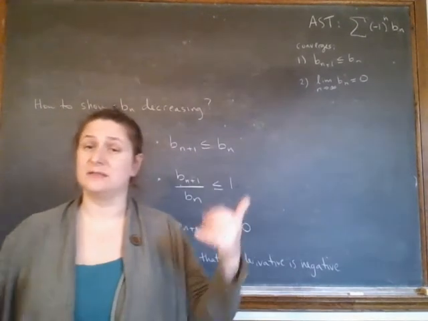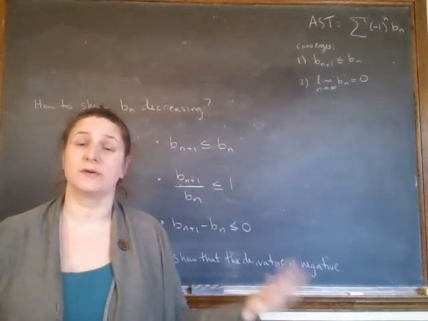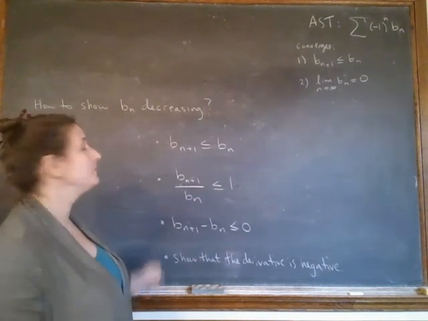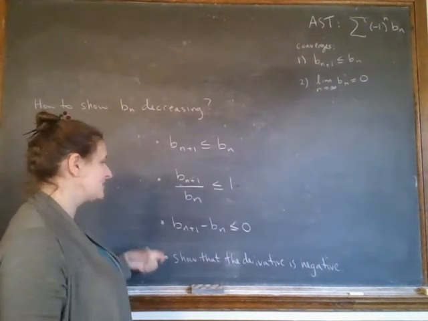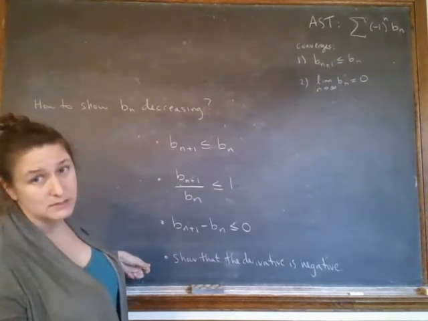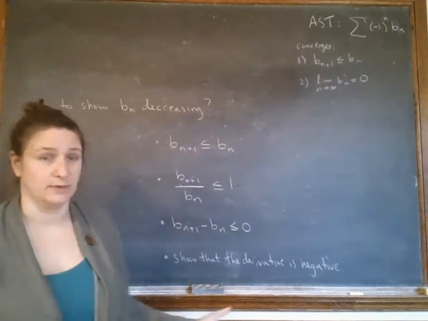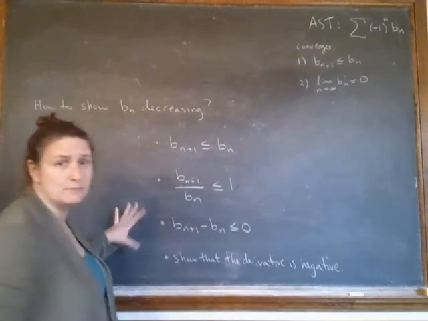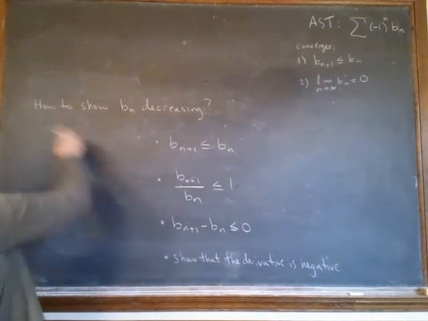So if a function is decreasing, its derivative is negative. So that's always a possibility. I listed it last because it may be a last resort, but you can always do it. Okay, so do keep those in mind as you go through these.